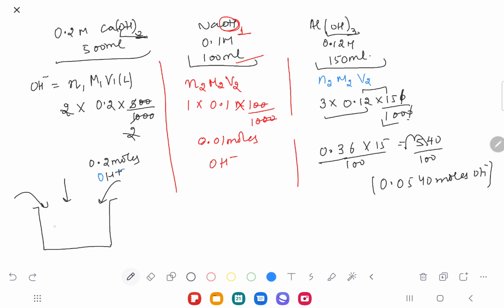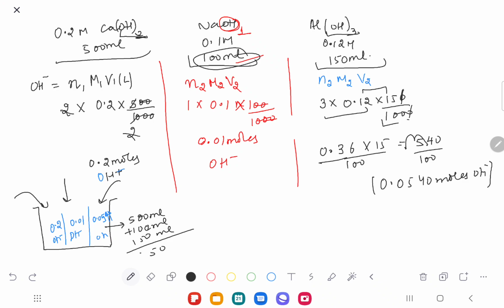The first base is giving you 0.2 moles OH negative, another base is giving you 0.01 moles of OH negative, and the third base is giving you 0.054 moles of OH negative. And how much is the solution's total volume? The first base adds up to 500 ml, then another base is 100 ml, and then the third is 150 ml. So in all, the total solution comes out to be 750 ml.